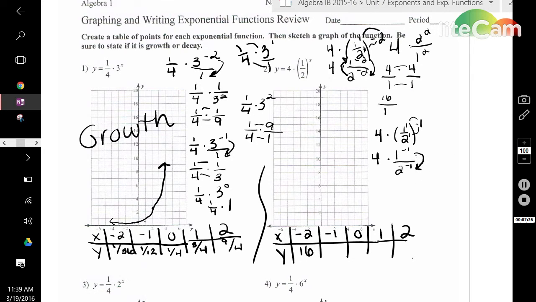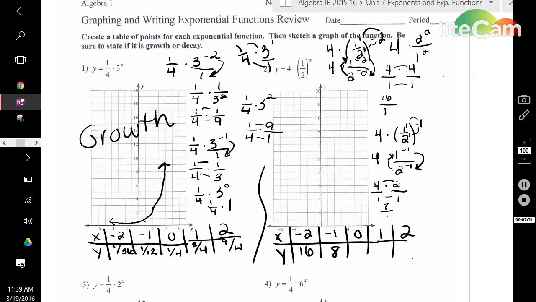Bring the negative exponent from the top to the bottom, and the one that was originally on the bottom we would move to the top. So 4 times 2 to the 1st, which is 2, over 1 to the 1st, which is 1. Multiply the tops and bottoms. 4 times 2 is 8. 1 times 1 is 1. 8 over 1 is 8.